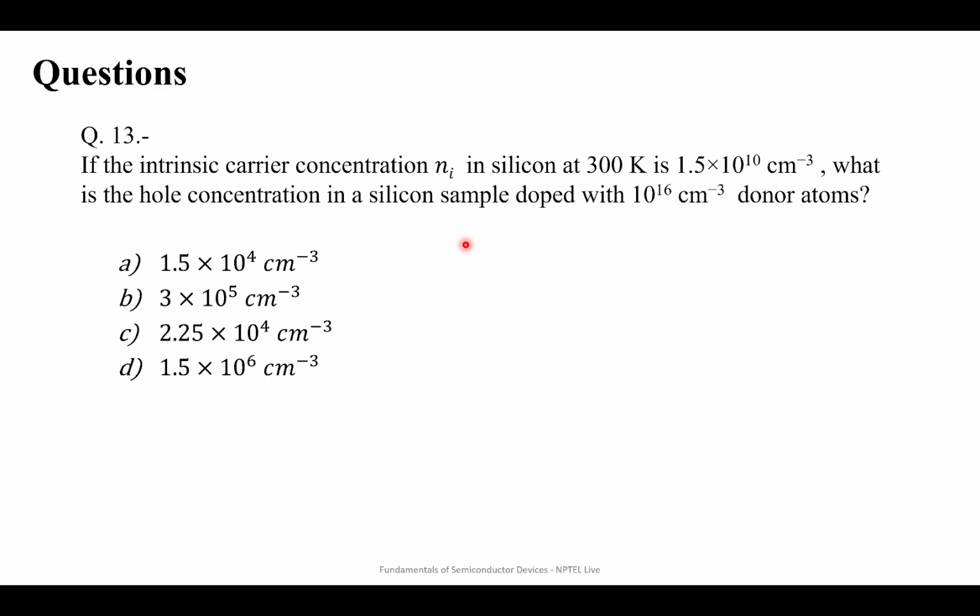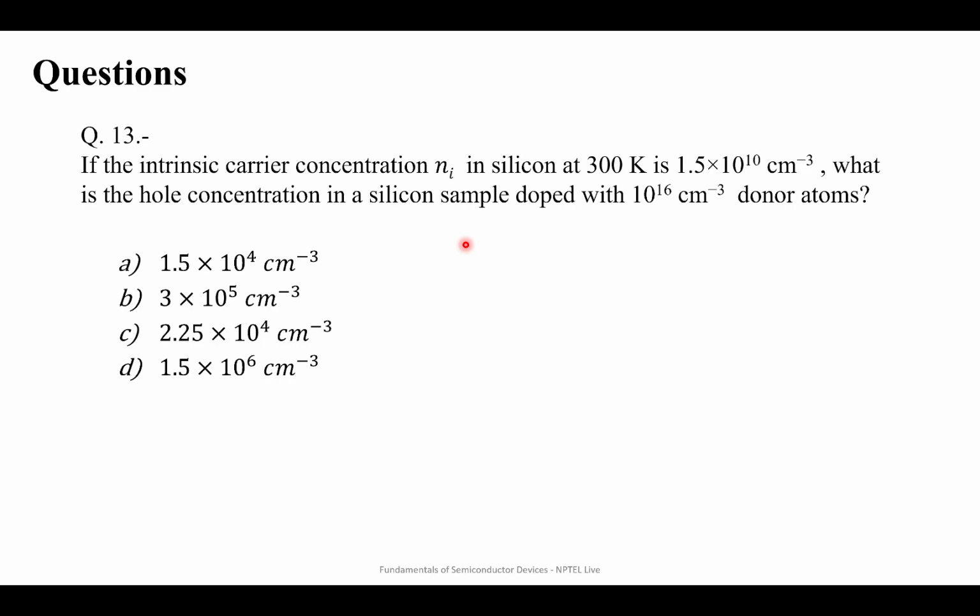Anyone can answer this question? It is very simple. You are given intrinsic carrier concentration 1.5 into 10 to the power 10 per centimeter cube. You have been given donor concentration 10 raised to power 16 per centimeter cube.